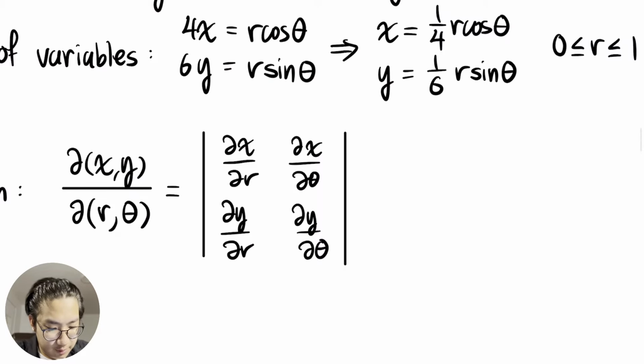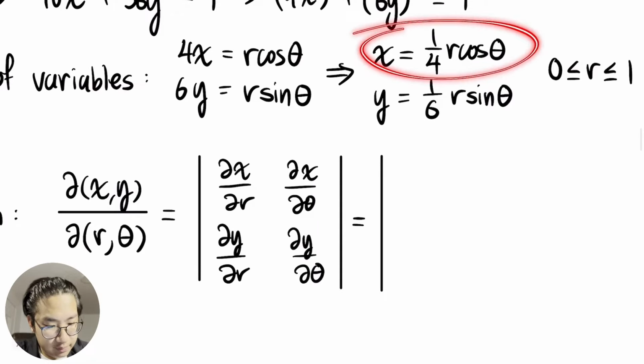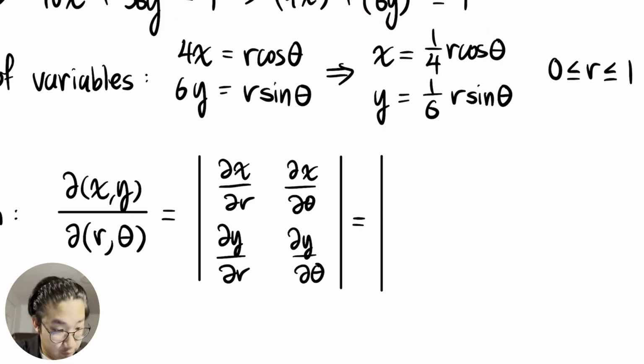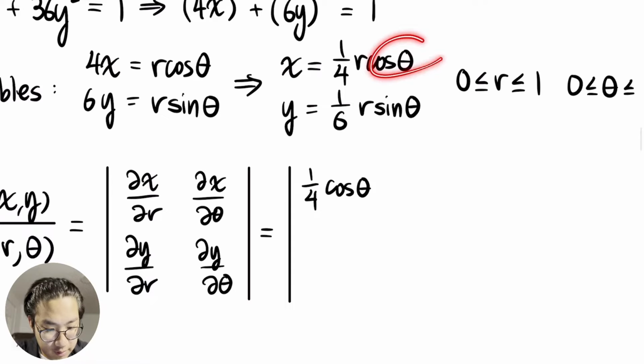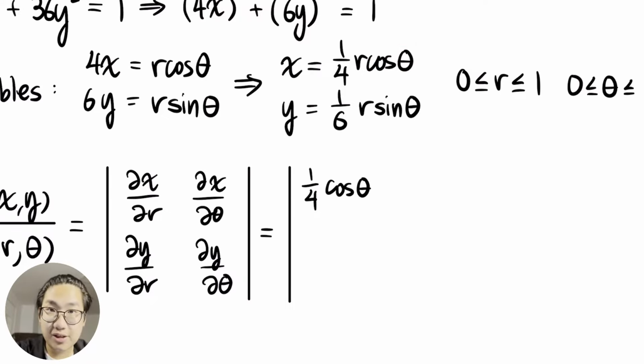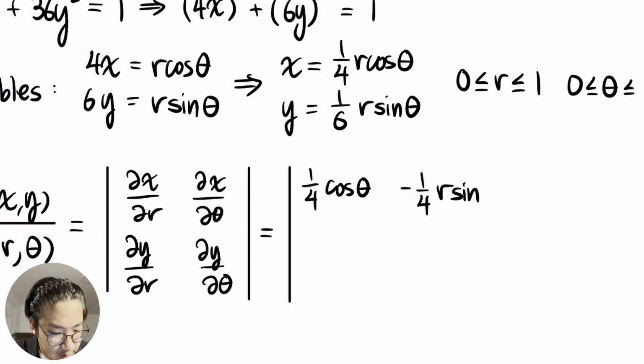Okay, so we can quickly compute each of these values. Partial x, partial r, in this case, is simply 1/4 cos theta. Partial x, partial theta, we're taking the derivative of cos theta, which is negative sine theta, so we have negative 1/4 r sine theta.